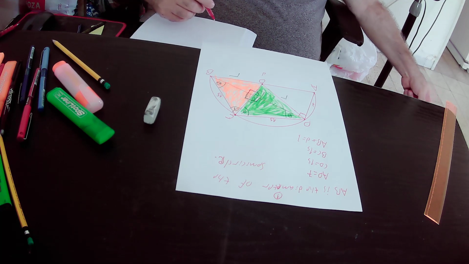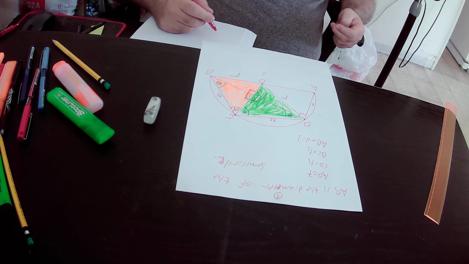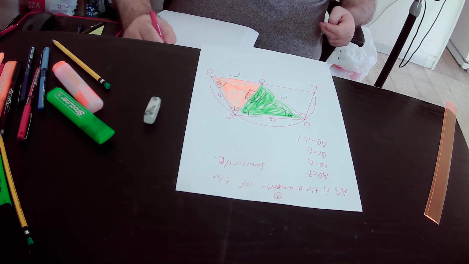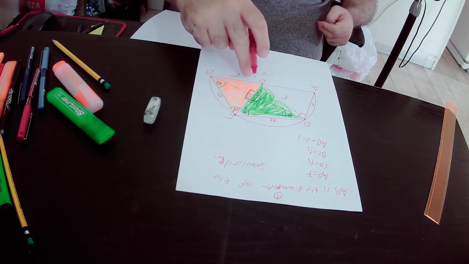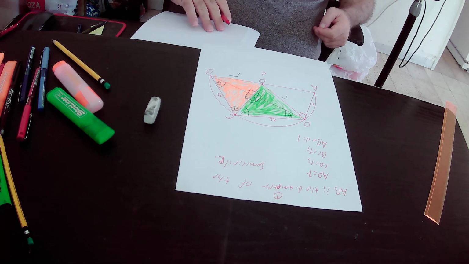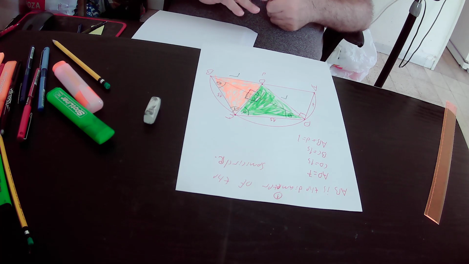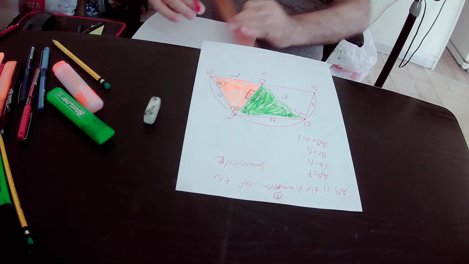So in the next step we will focus on two triangles, triangle ADB and triangle OEB. Actually I will draw them again. We have the big triangle, triangle ADB.